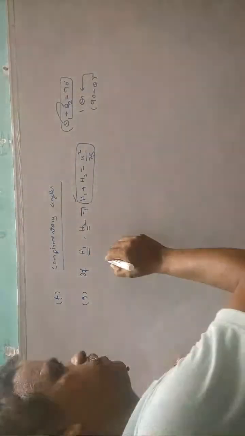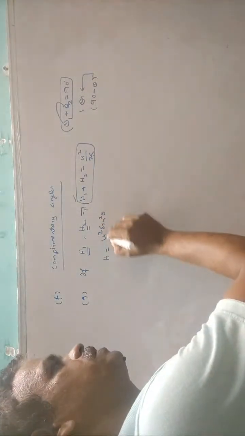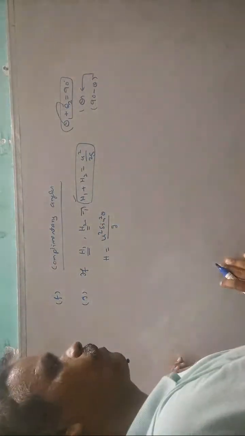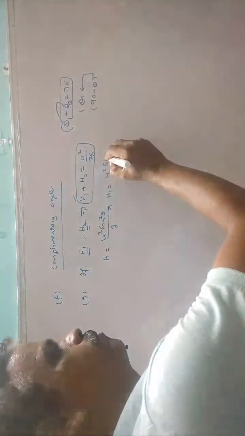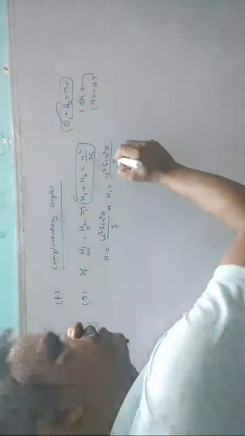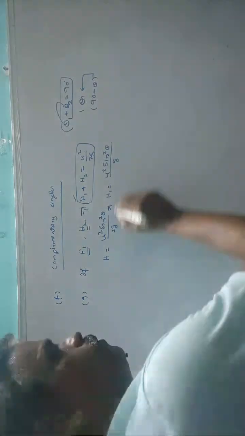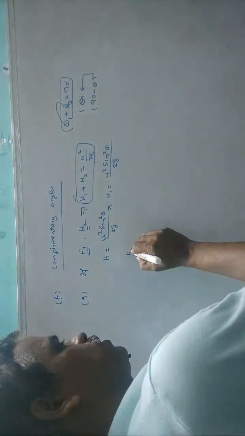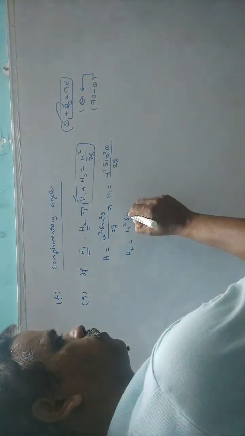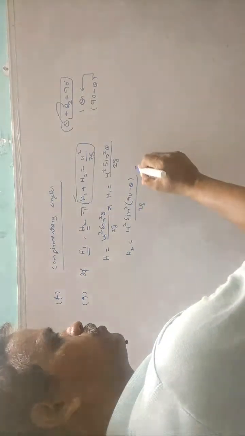First, write generally H max equals u square sine square theta by 2g. So H1 is u square sine square theta by 2g. What about H2? H2 is u square sine square (90 minus theta) by 2g.